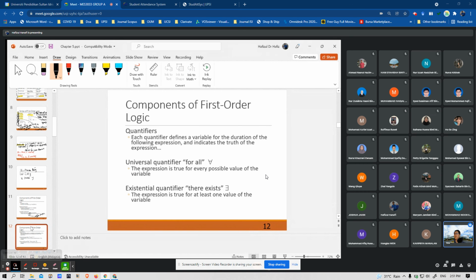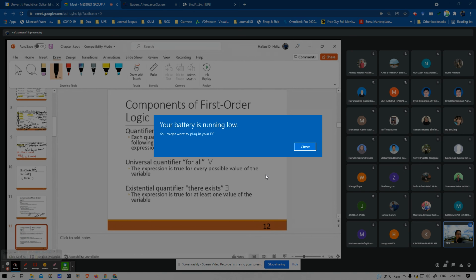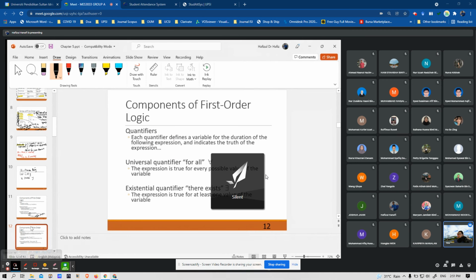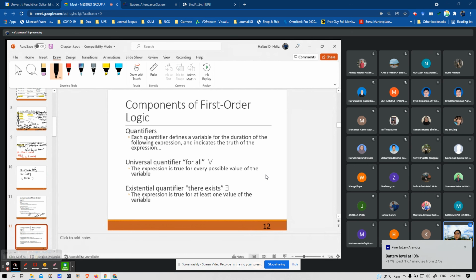Okay, this one is just for a reminder. We have the components of first order logic. Basically, we have the universal quantifier, for all, and then we have the existential quantifier, there exists. Each quantifier defines a variable in the domain of discourse for the duration of the following expression.